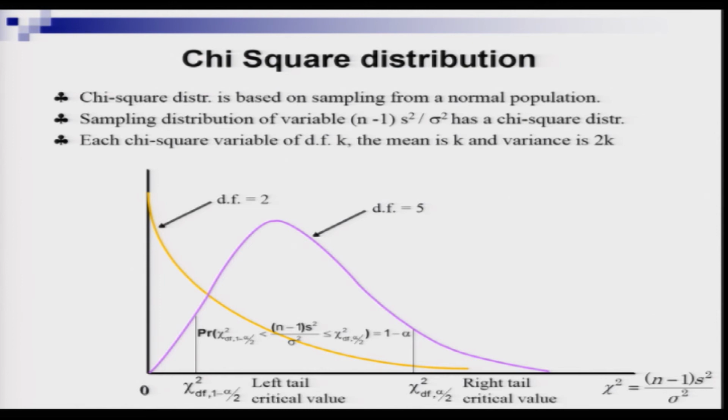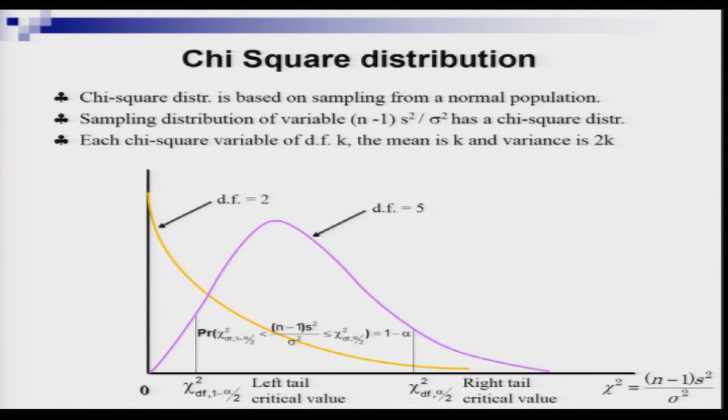The last point is about the mean and the variance of the chi-square variable. Chi-square random variables and probability distributions always have associated degrees of freedom, so if we assume degrees of freedom k, the mean of the chi-square random variable will be k and variance will be 2k.